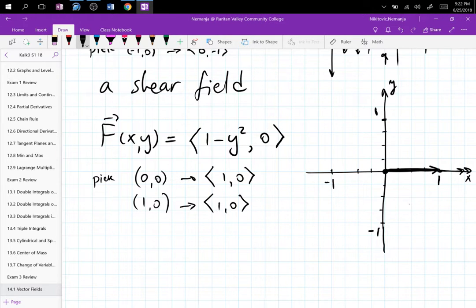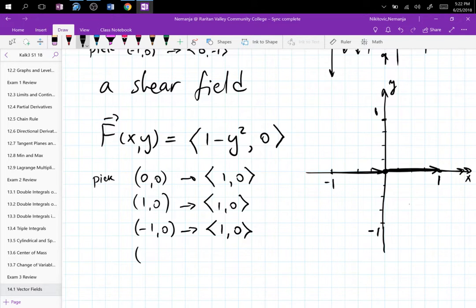If I go to negative 1, 0, I'll still have vector 1, 0. So it seems that anything that I pick along the x-axis is going to have a vector 1 unit long. Let's go off the x-axis.